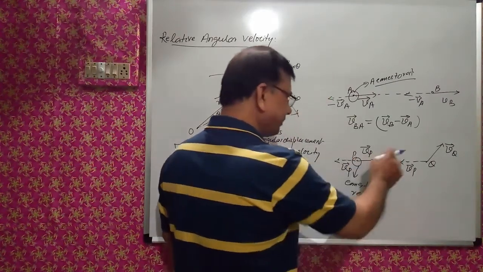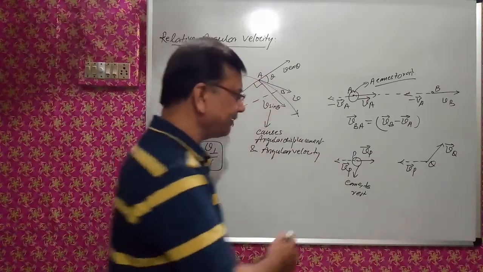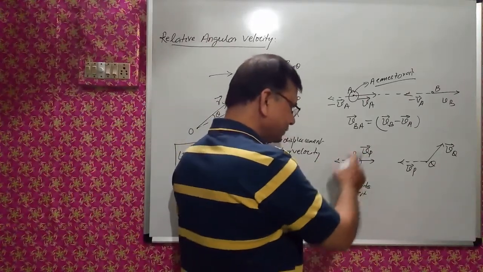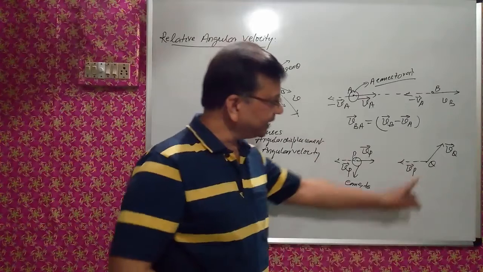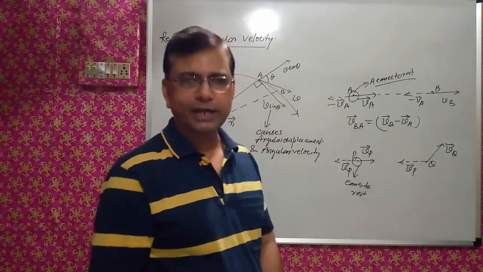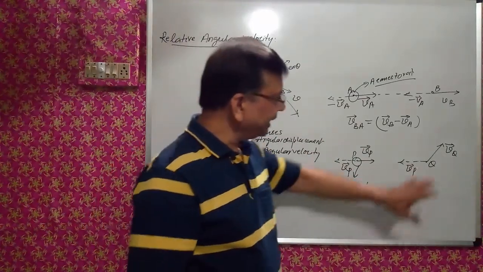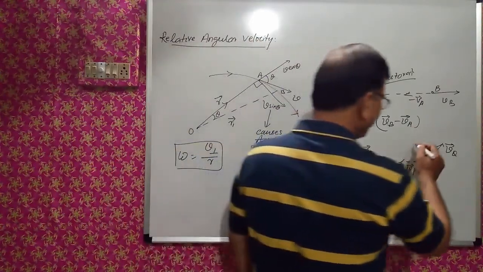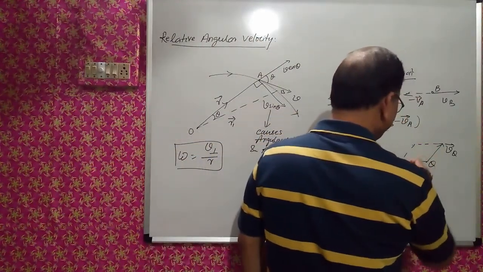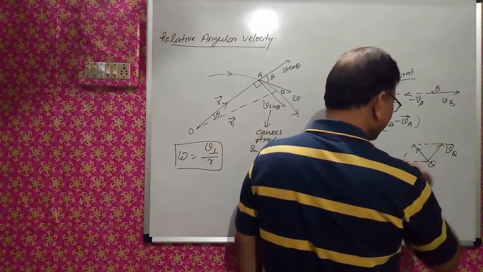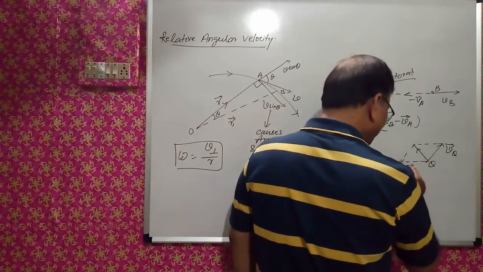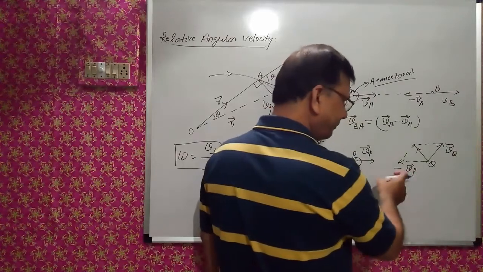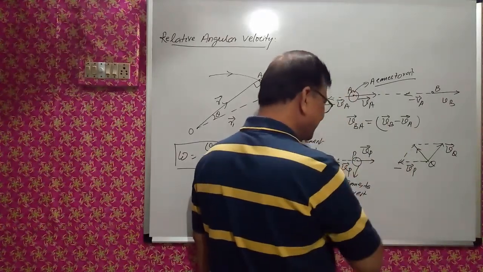In this condition, the opposite velocity is given in this direction, so this comes to rest. At that time, whatever velocity of Q we are getting, that is the relative velocity of Q with respect to P. So we will be doing a vector sum, and of course this is minus VP, VP is in this direction, this is minus VP.